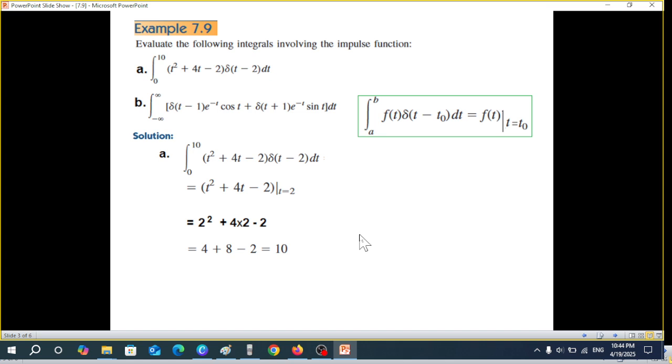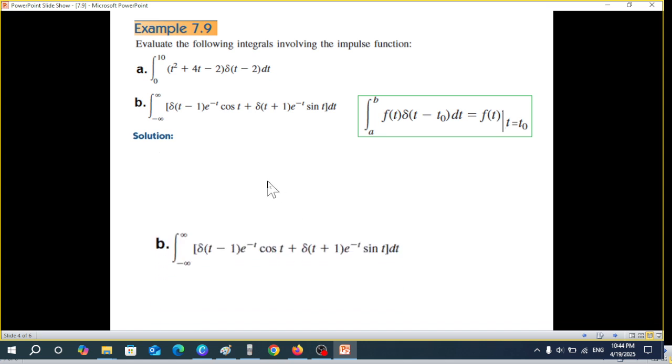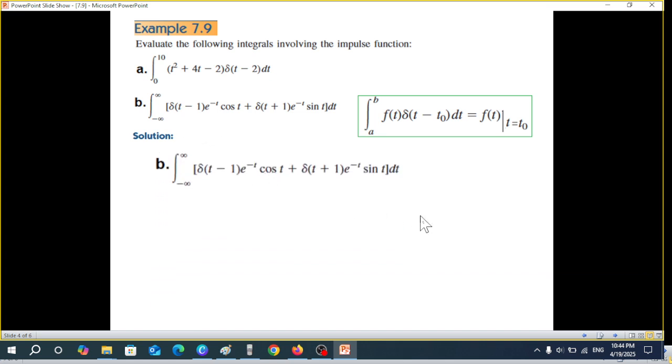Very simple. Now let's go to the B part. Follow the same technique, but this has two functions, cosine and sine functions, so we'll separate them. Remember, whether the integral is from minus infinity to infinity, or from a to b, or from 0 to 10, does not affect our calculation as long as t is within this range.